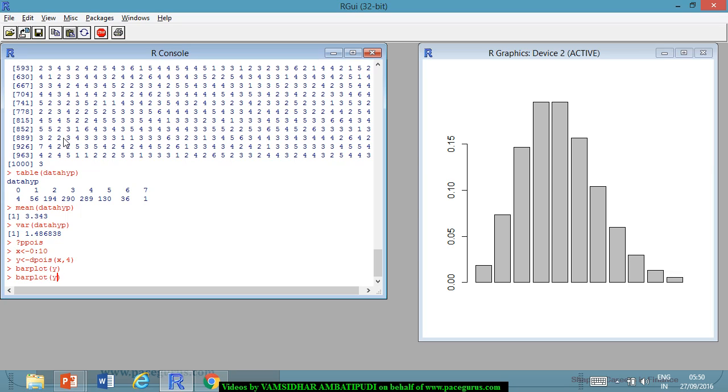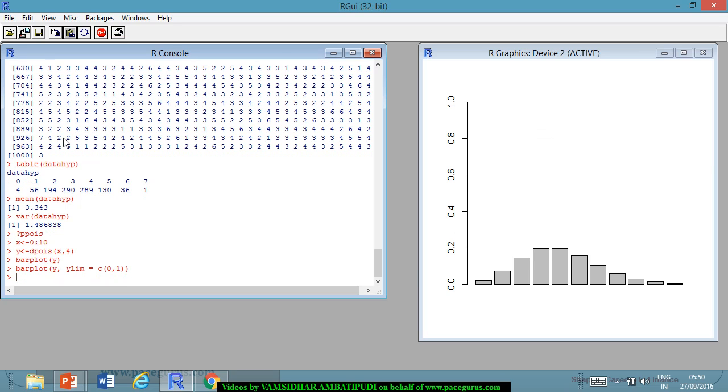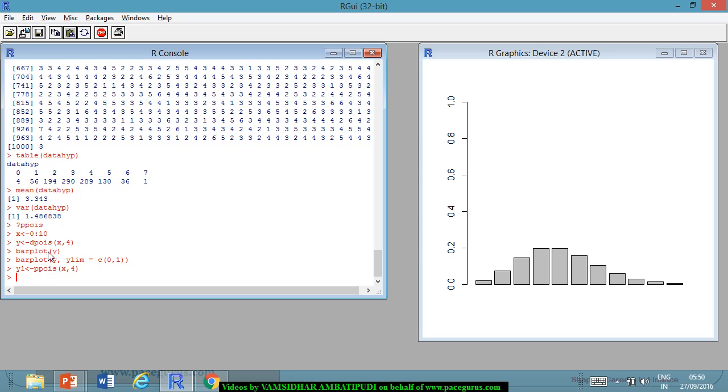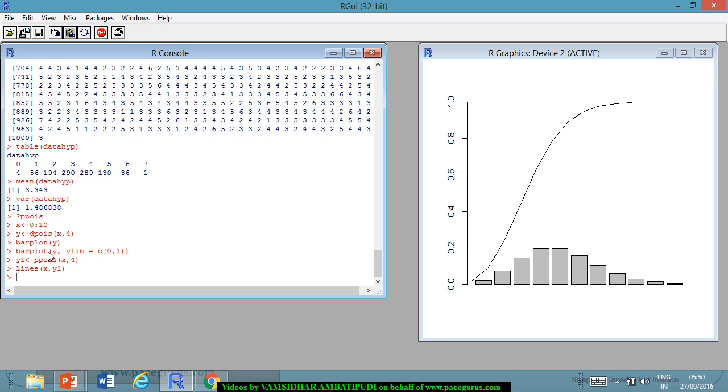Probably I can set the y limit as 0 to 1, and y1 I can call cumulative, where I'll take p-poise with x comma 4, and I'll add lines x comma y1. So this is how the Poisson distribution's cumulative distribution function is going to come out.